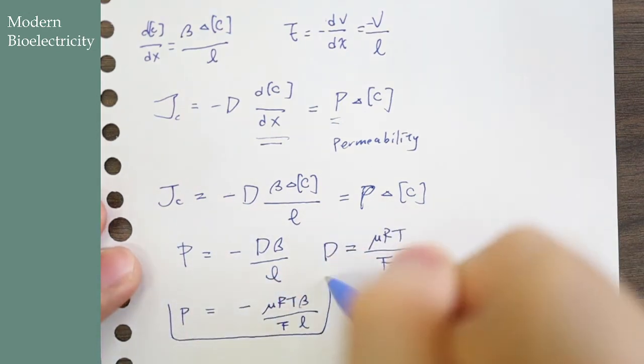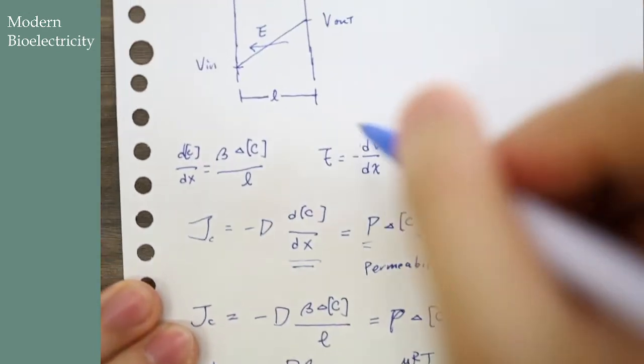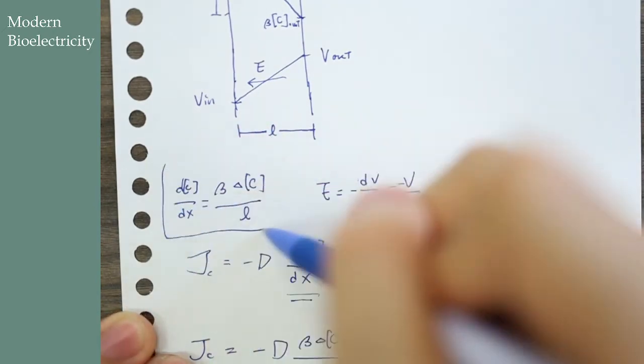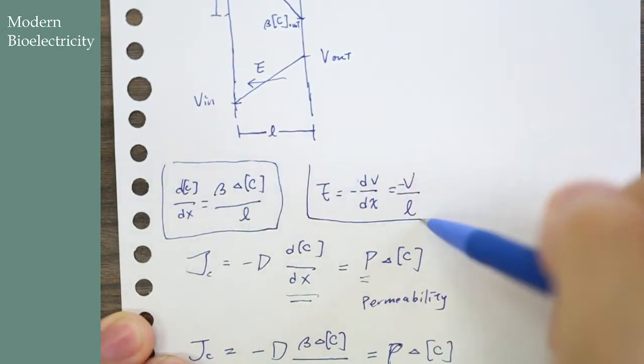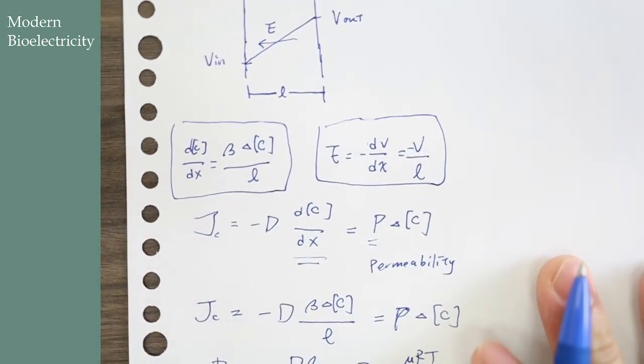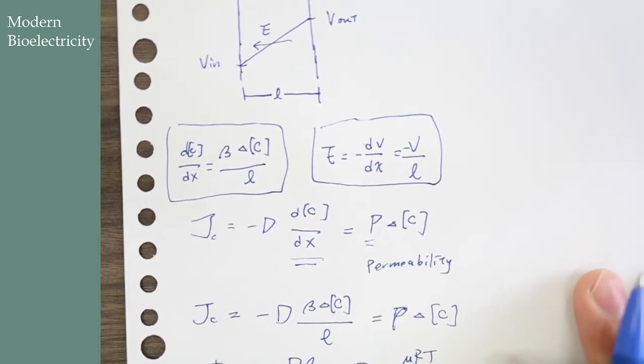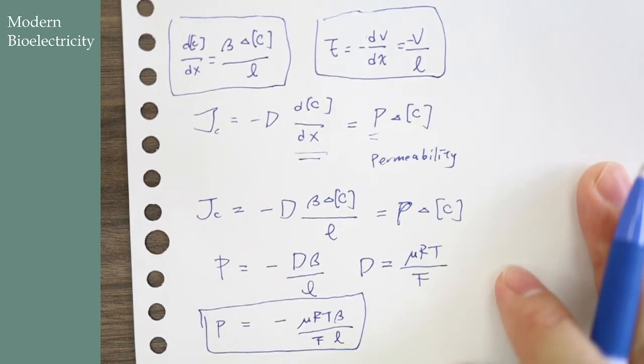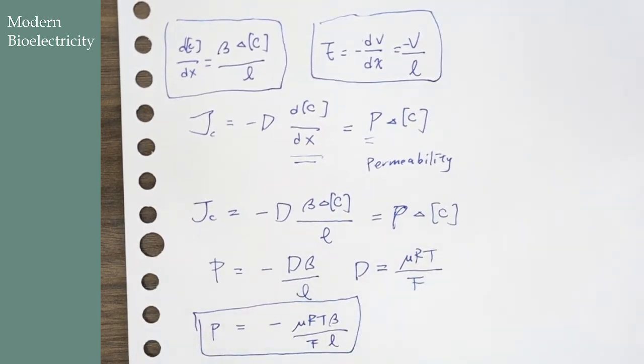So we have the permeability, we have this, we have this, and we have the Nernst-Planck equation. So let's start.